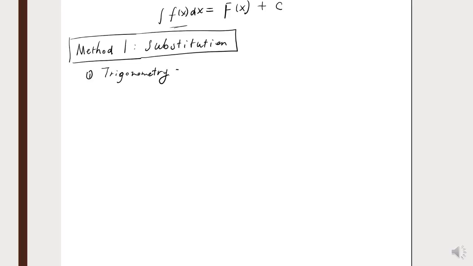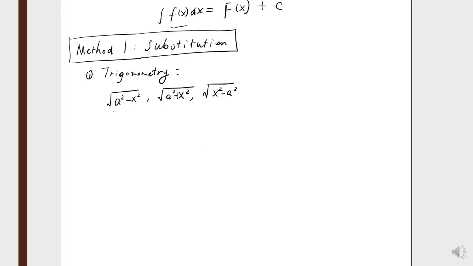Okay, let's see its application range. Usually if we see something like this in our integration problems, it has the square of x and also maybe some other constant.